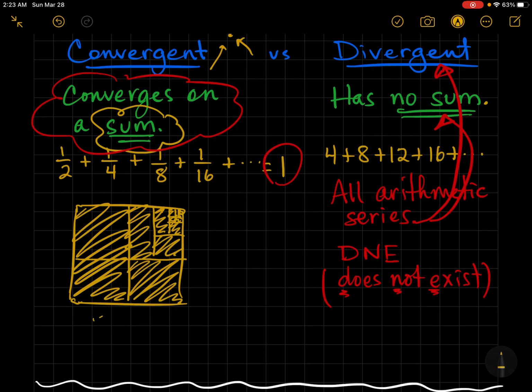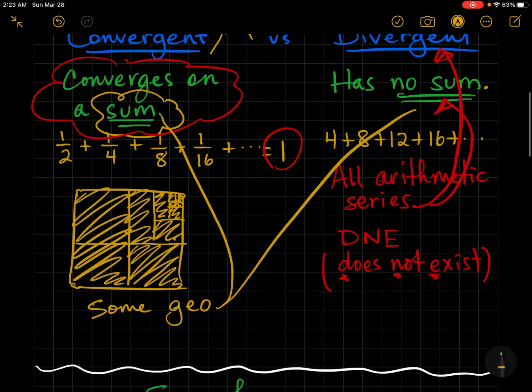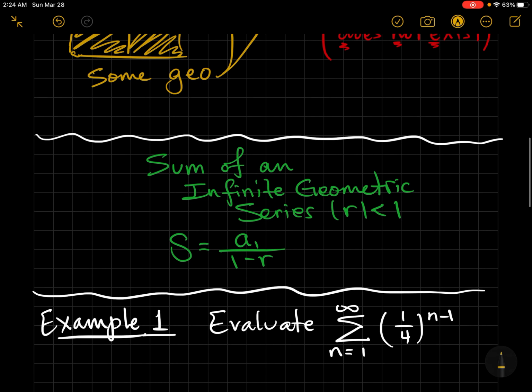So some geometric series have a sum, but some have no sum. Now let's figure out which geometric sequences will have a sum.